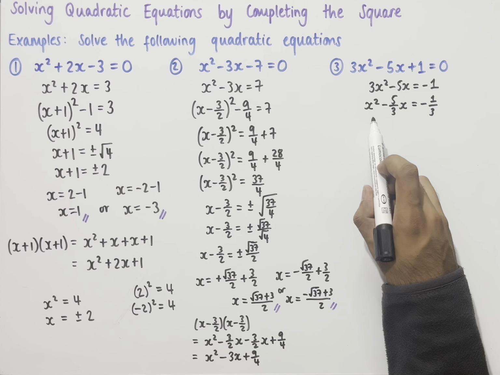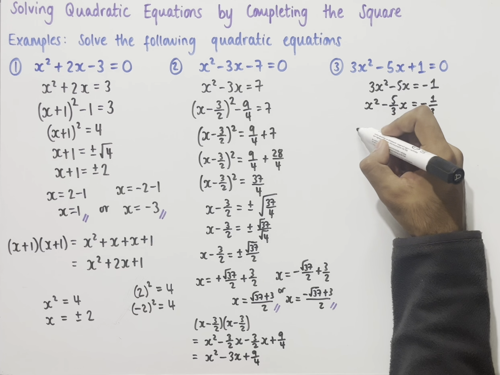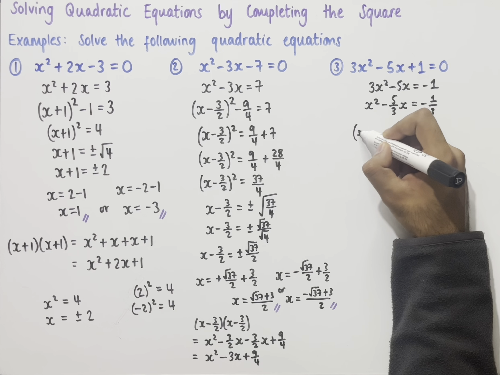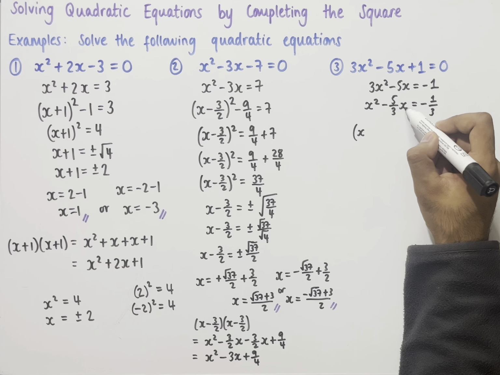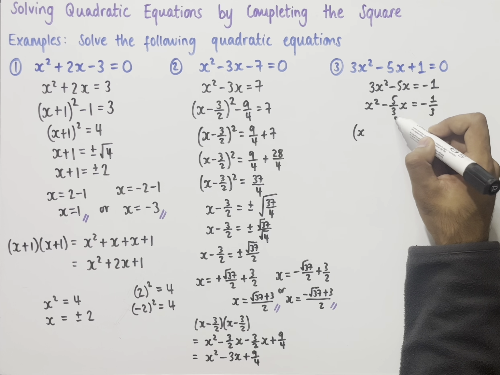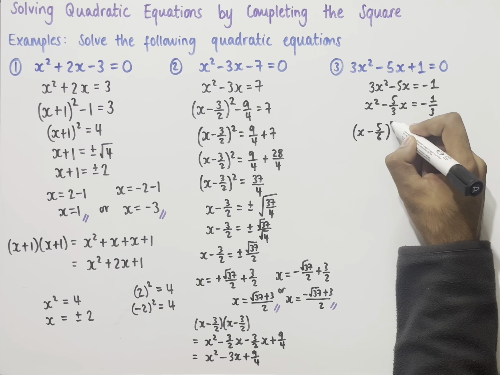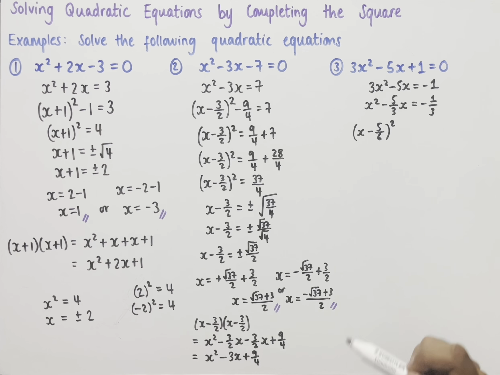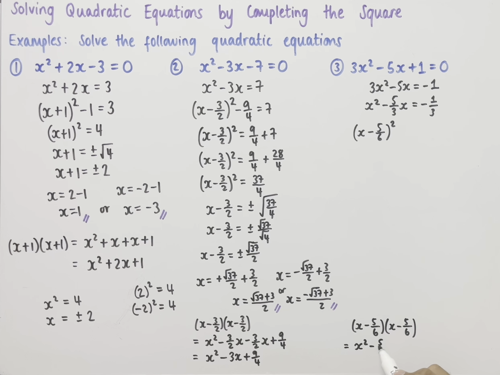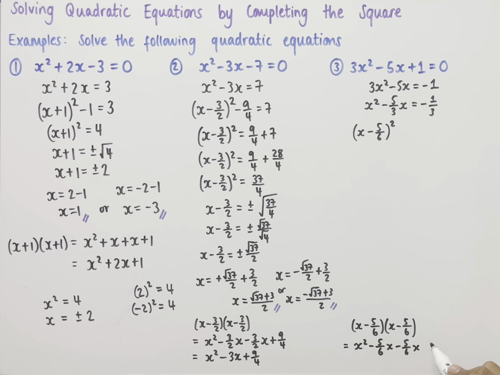We now complete the square as usual on the left hand side. So we write in a bracket, we take the variable, which in this case is x, we look at the coefficient of the single x term, which in this case is minus 5 over 3, and then we half that, which gives us minus 5 over 6. We then close the bracket and we square this. Now if we were to expand this bracket out, we would end up with the following. x times x, which is x squared, x times minus 5 over 6, which is minus 5 over 6x, and the minus 5 over 6 times x, which is minus 5 over 6x, and the minus 5 over 6 times minus 5 over 6, which is plus 25 over 36.